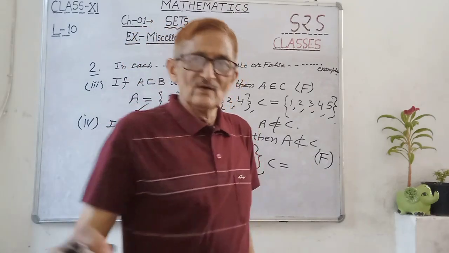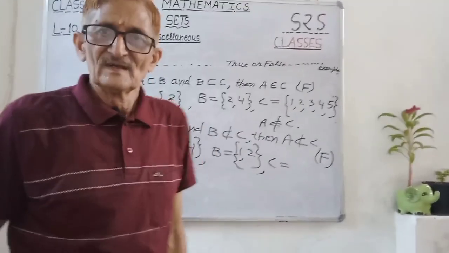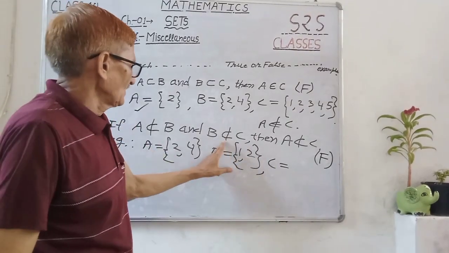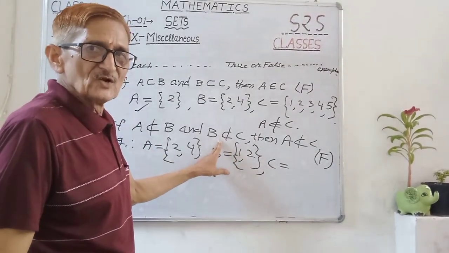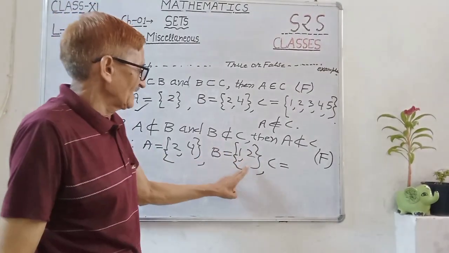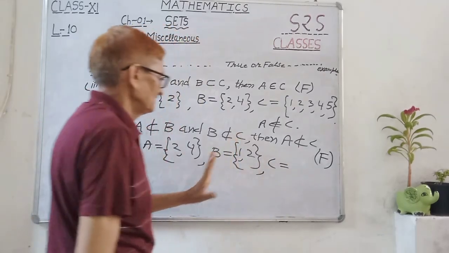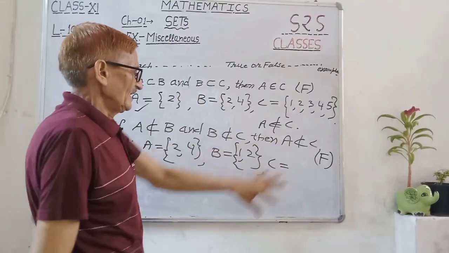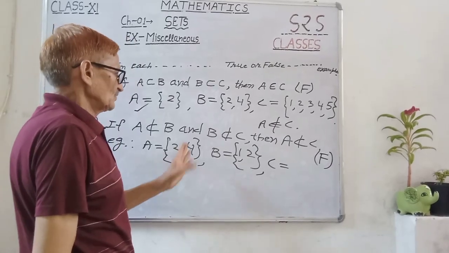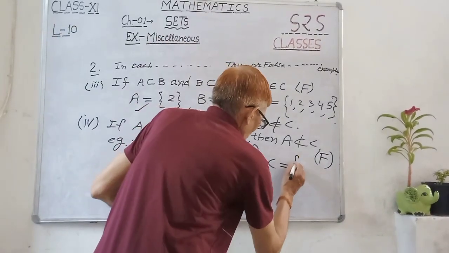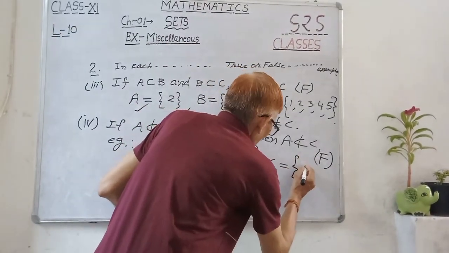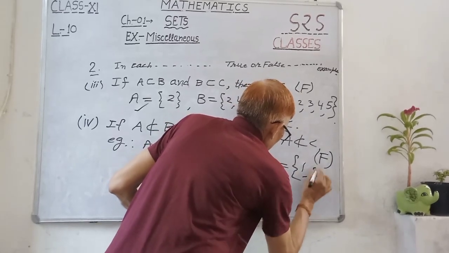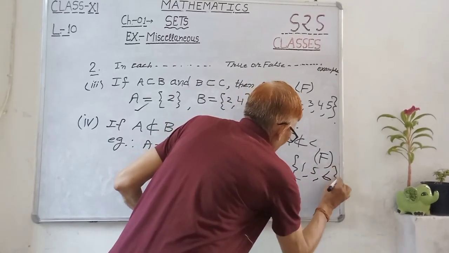So now see that C is such that B is not the subset of C, meaning every element of B is not in C. B is not the subset of C. So C, A is not in C, so 2, 4 will not be there. So we can take 1, 5, 6.